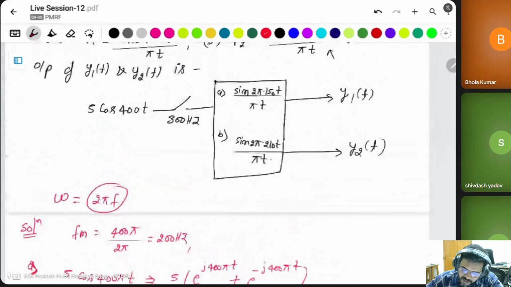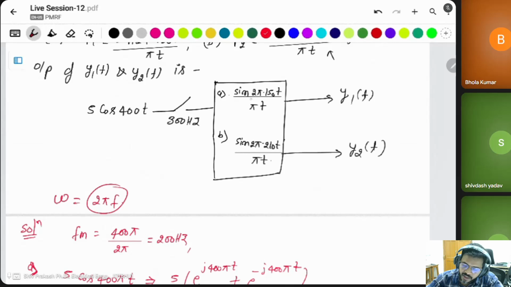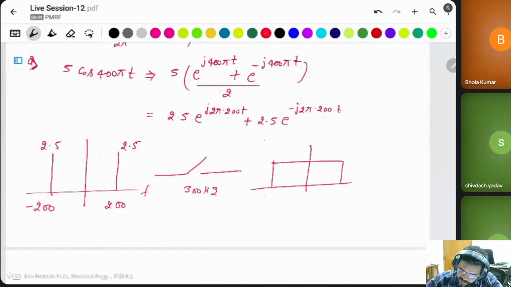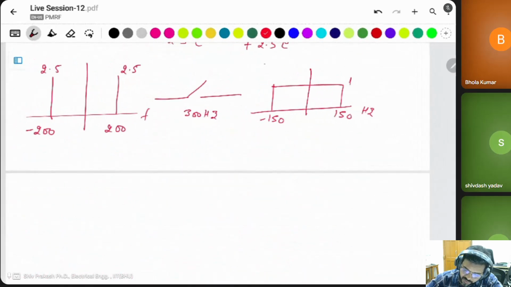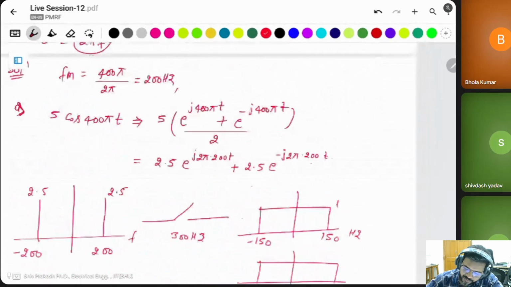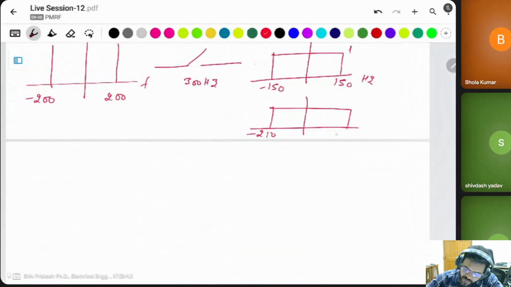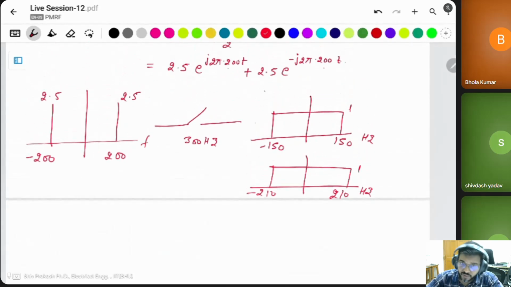The first one is sinc: sine 2 pi into 150t divided by pi t. I have a function from minus 150 to 150 with magnitude 1, in hertz. The first filter looks like this. For the second filter, using the sinc formula, it is from minus 210 to plus 210 hertz. These are the two filters, and the original signal passes through them.